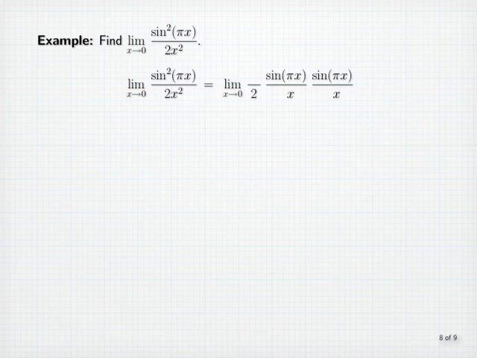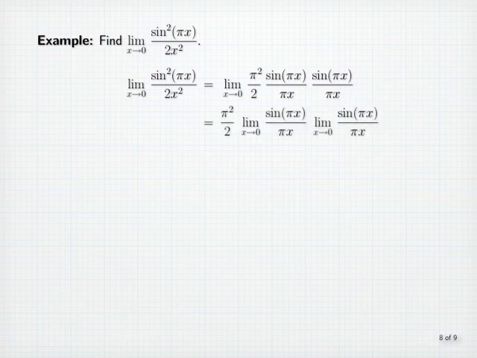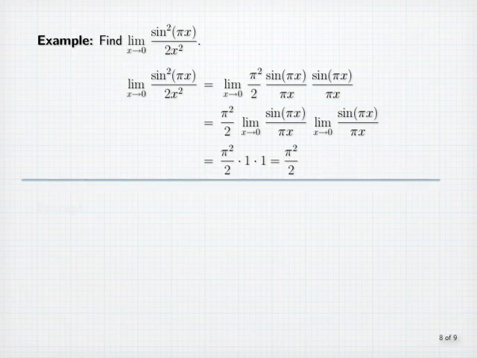So we insert a pi into each of those denominators and multiply simultaneously by pi squared. So now we have the limit of a product, which we can compute as the product of the limits. As x approaches 0, sine of pi x over pi x will approach 1, and so this limit is pi squared over 2.